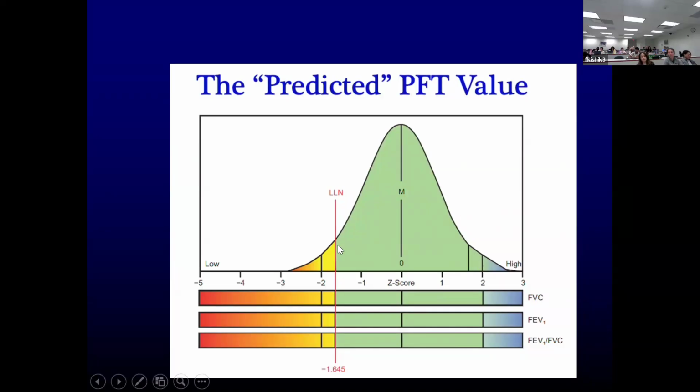That value will be called the lower limit of normal, LLN. Lower limit of normal, which is 1.65 times standard deviation, is the 5th percentile of the data. It means 5% of the population that you would study would be below this, and they would be considered abnormal.